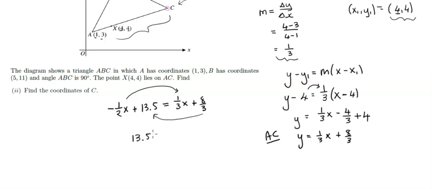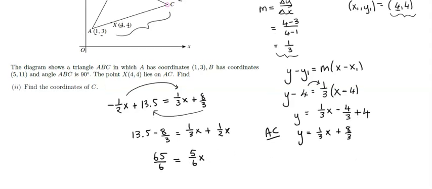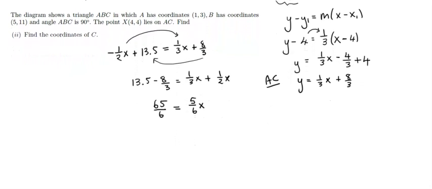So we have 13.5 minus 8 over 3 is equal to a third x plus a half x. So this left-hand side will come to 65 over 6 is equal to 5 over 6 x. And now we just divide both sides by 5 over 6.